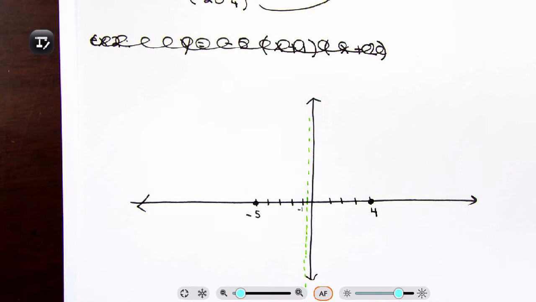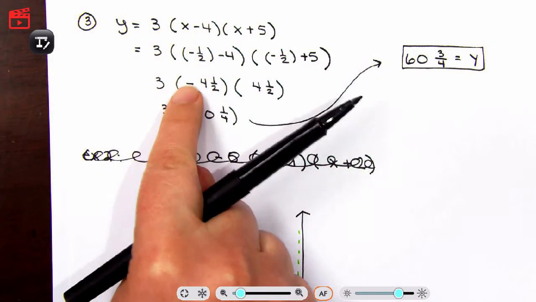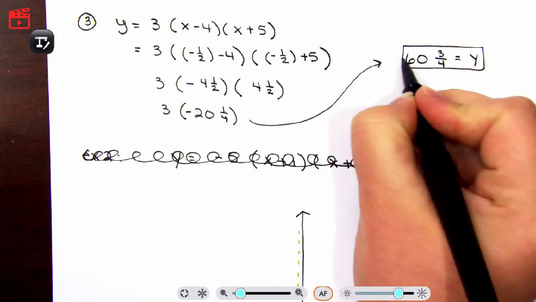Then we have our vertex point. So where's our vertex? Our vertex is at 60 3/4. Now that is a very long, positive. It's going all the way up, all the way over there, and it should be negative. If I go back up here, I have a negative times a positive, so this should be negative here.